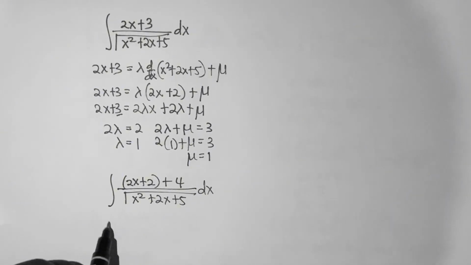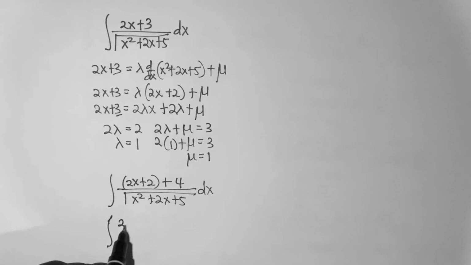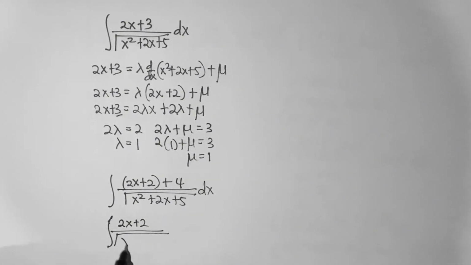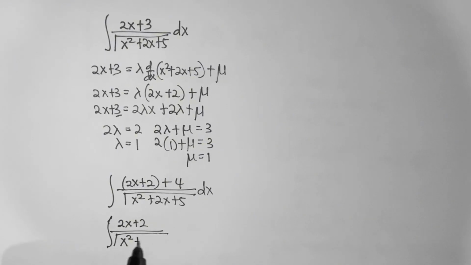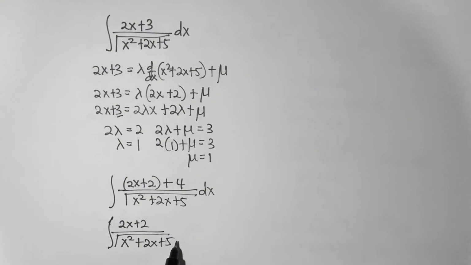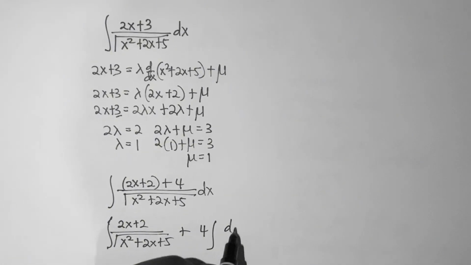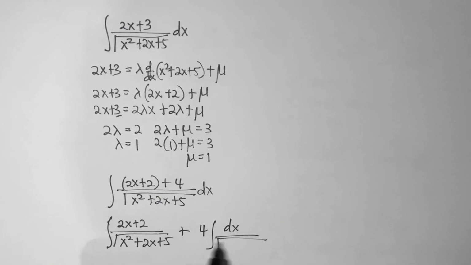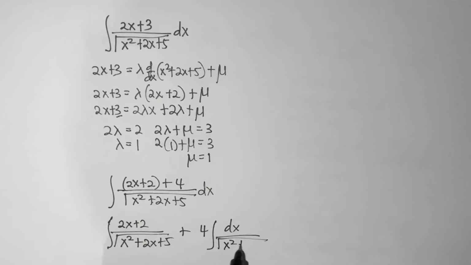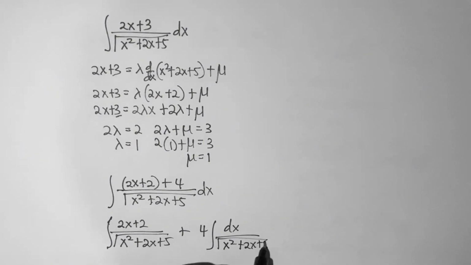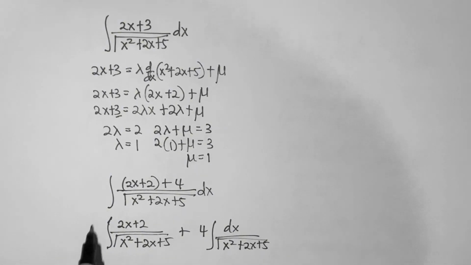So this becomes the integral of (2x plus 2) divided by the square root of (x squared plus 2x plus 5), and then plus the integral of dx over the square root of (x squared plus 2x plus 5). Now we know the result for this integral. We can easily do this.